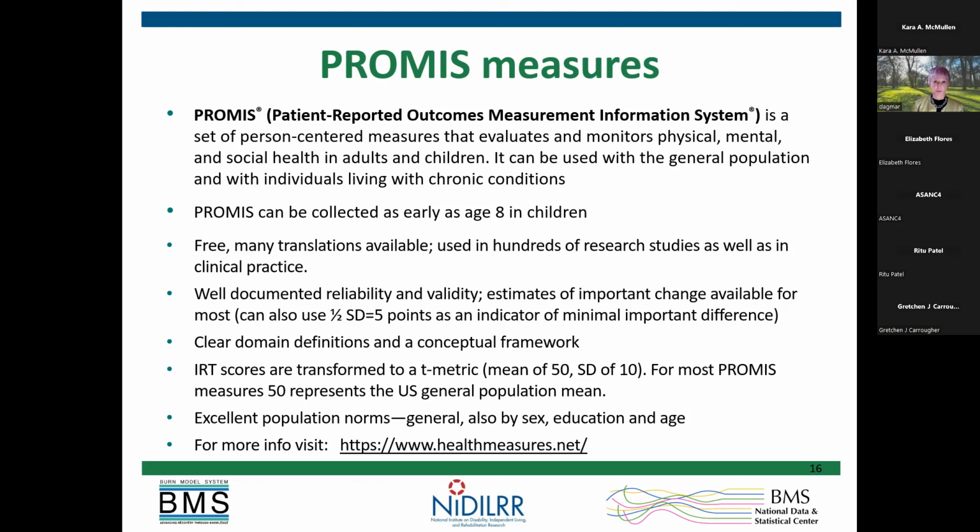PROMIS measures were developed using advanced statistical methods, including item response theory, and the scores that are provided are on a T metric. That means that they have a mean of 50 and a standard deviation of 10. For most of the measures, 50 represents the US general population mean.